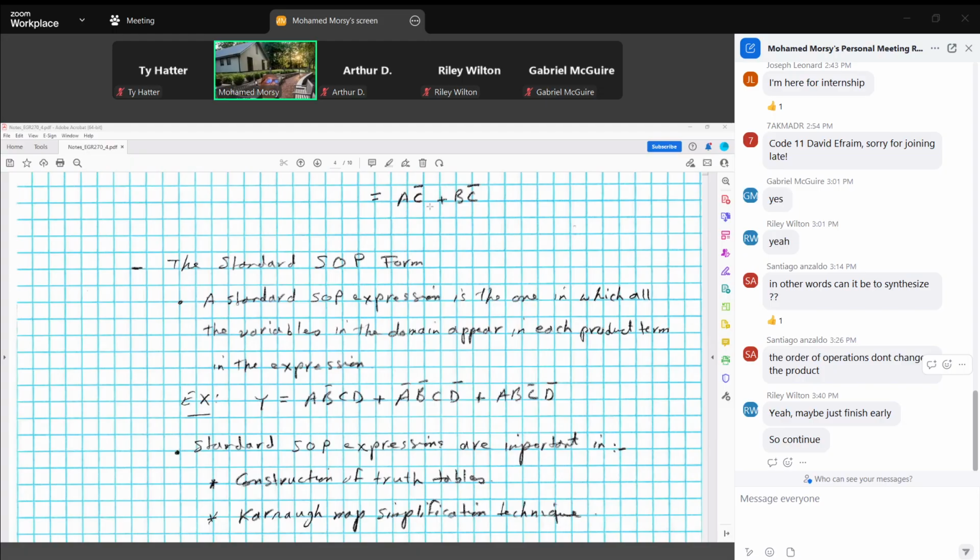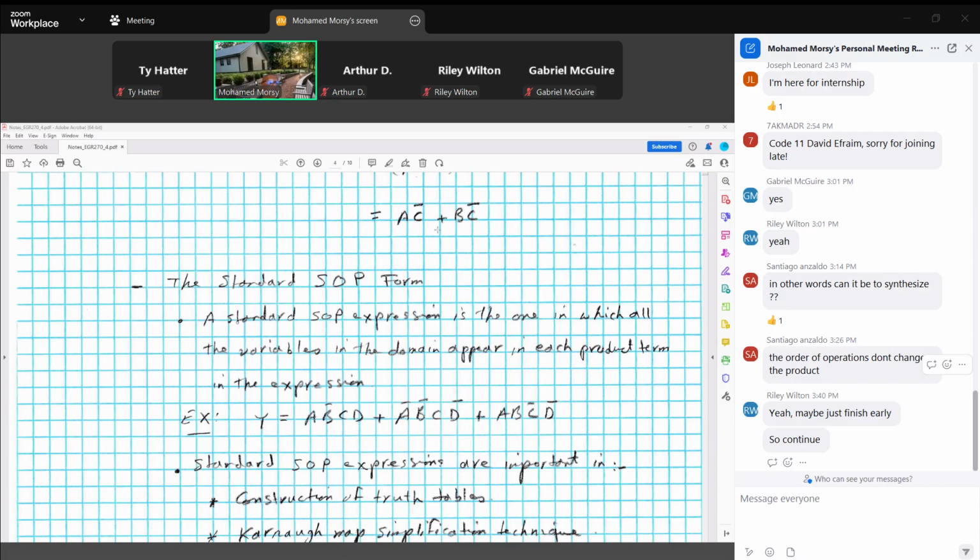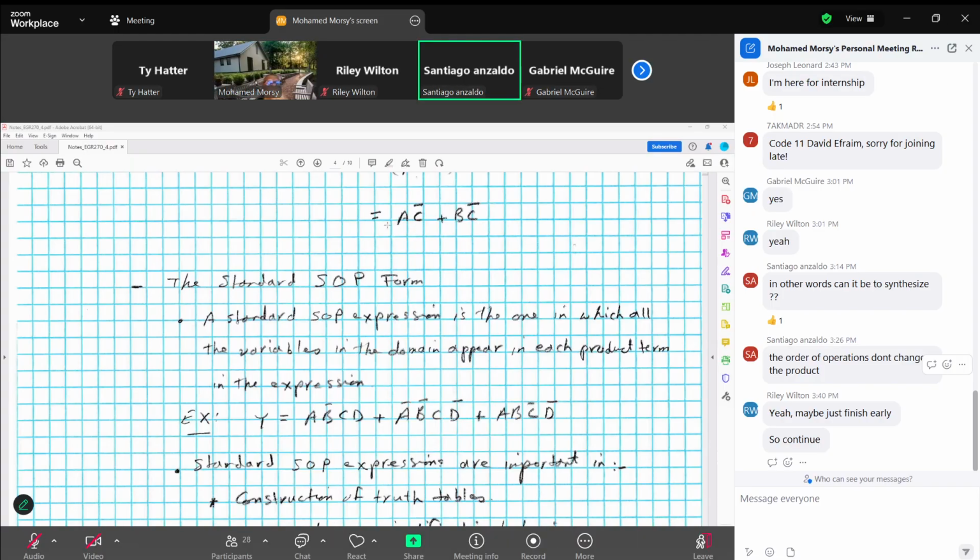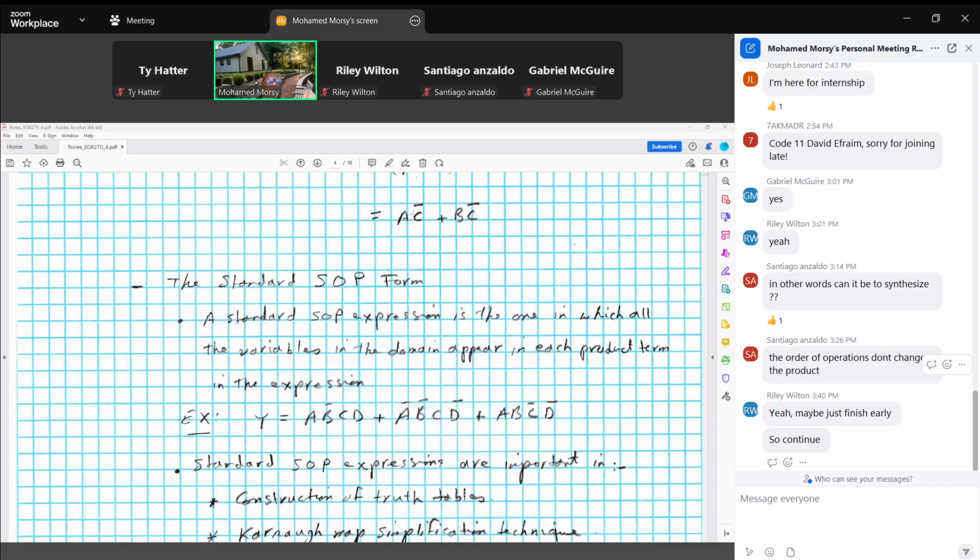If we look at this expression here, for example, do we have all variables here in each term? No. Perfect. What do we miss here? You're missing B on the first one. B or B inverted, it doesn't matter, but we miss B. What do we miss here?